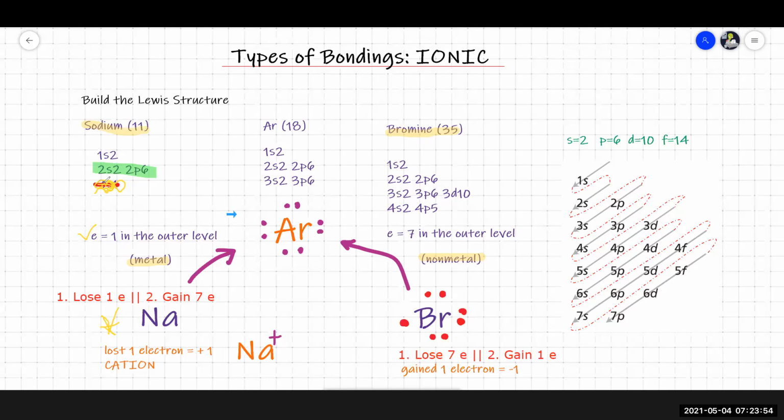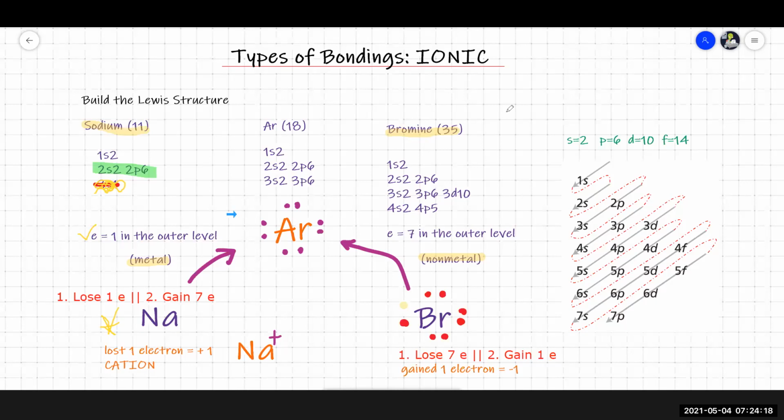And that is the stability that all elements need to accomplish. Now, what about bromine? Bromine gains 1 electron, okay? And what happens now? It's gonna have 8 electrons in the outermost level.